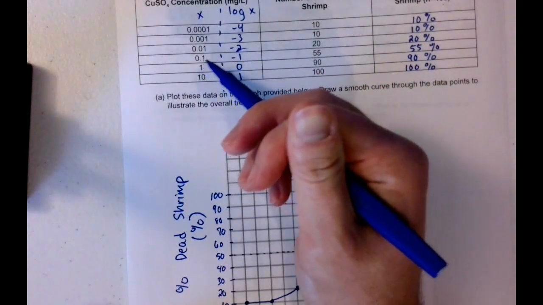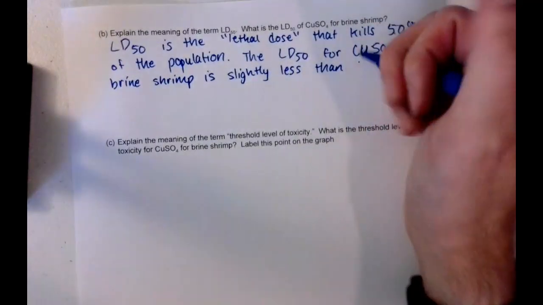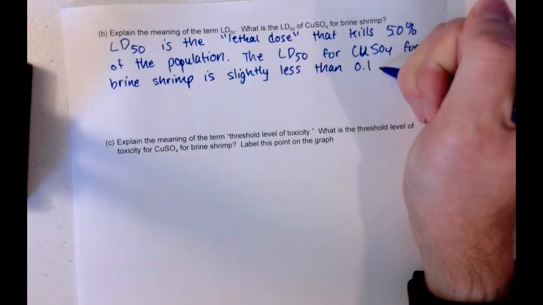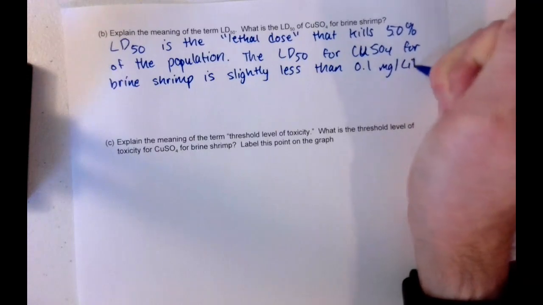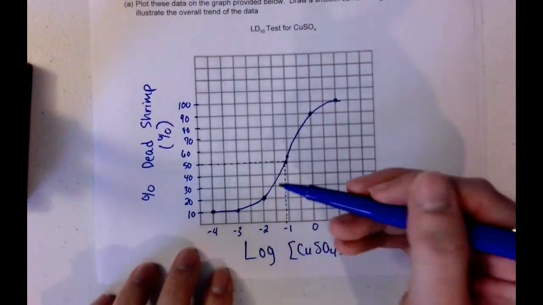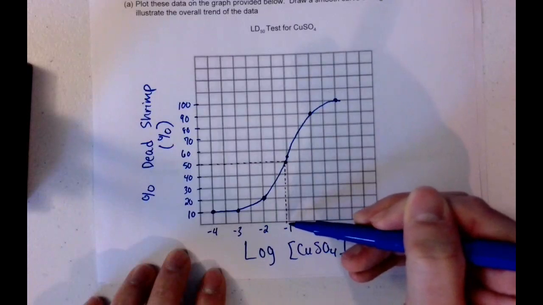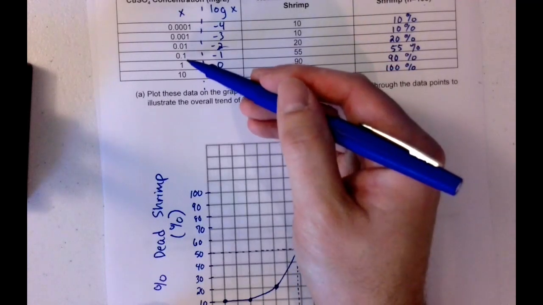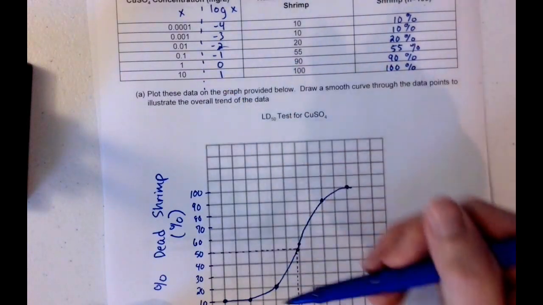It was 0.1, so it's slightly less than 0.1, and it's in milligrams per liter. I know I kind of confused you a little with that. Since I took the log of the concentration down here, it's slightly less than this -1, so you have to go up and ask what -1 was before I changed it to the log. It was 0.1. So therefore it's slightly less than 0.1.